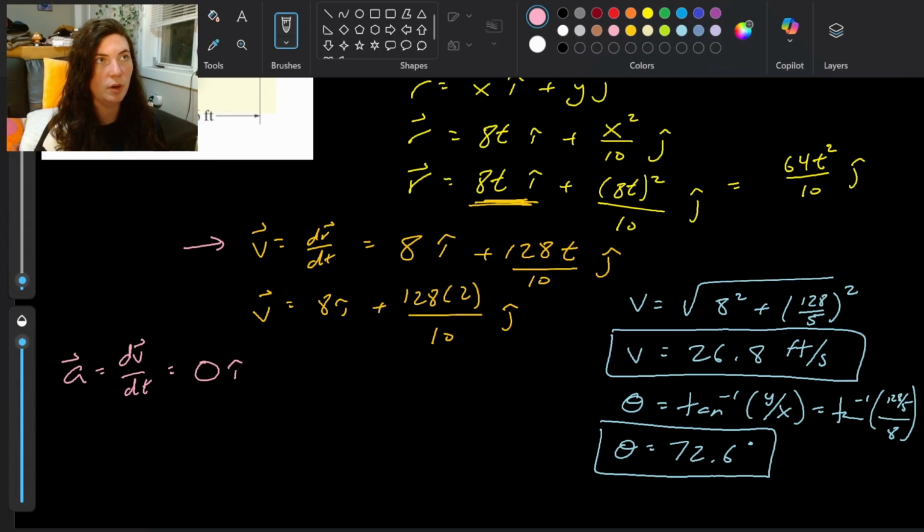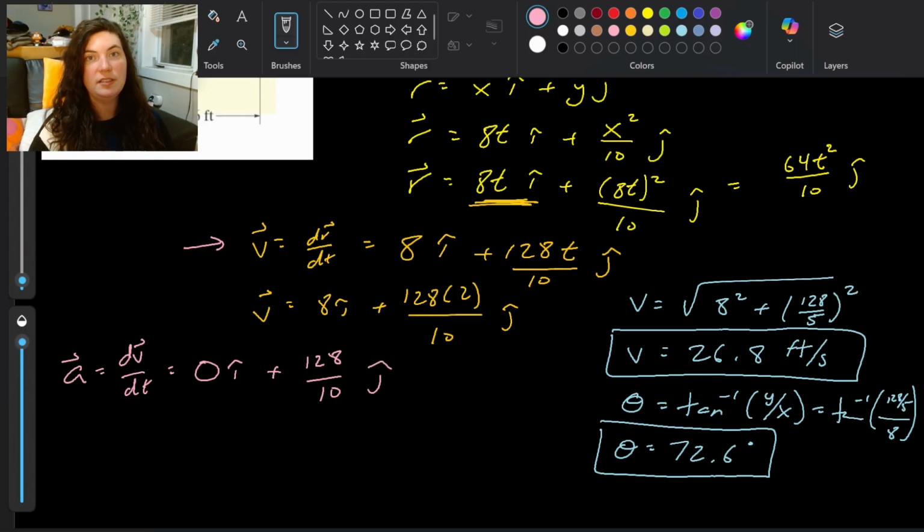No more x component because there was a constant velocity in that x component. Plus, then we'll take the derivative of our y component, which is 128t over 10, so the derivative of that is going to be 128 over 10 j hat.